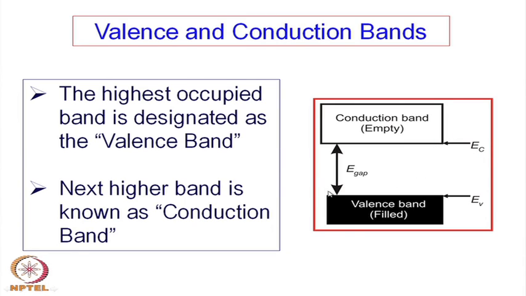The gap is always E gap. Here it is written E gap, but mostly it is EG, E subscript G, the designation of the band gap. So, E gap or EG is actually nothing but EC minus EV.